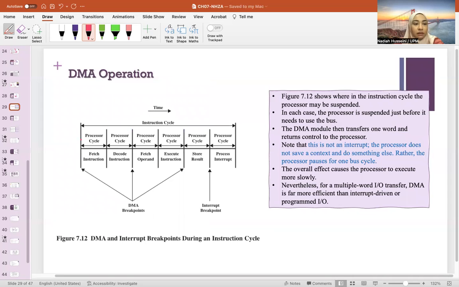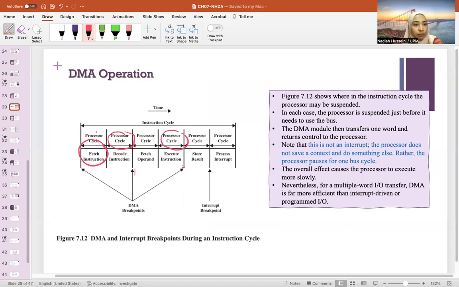But the processor has to finish one cycle before this break comes in. If you notice, the breaks only come after one cycle is complete, or before the cycle even starts.